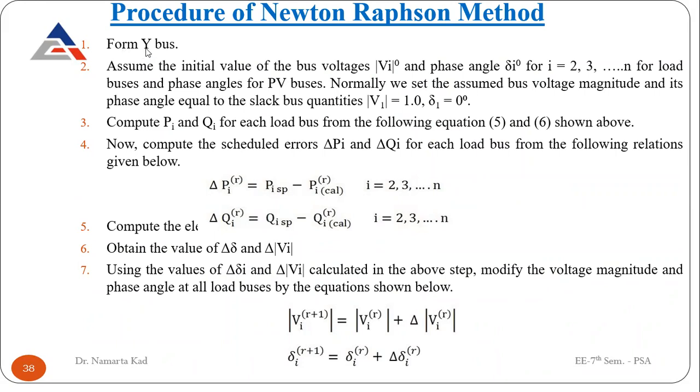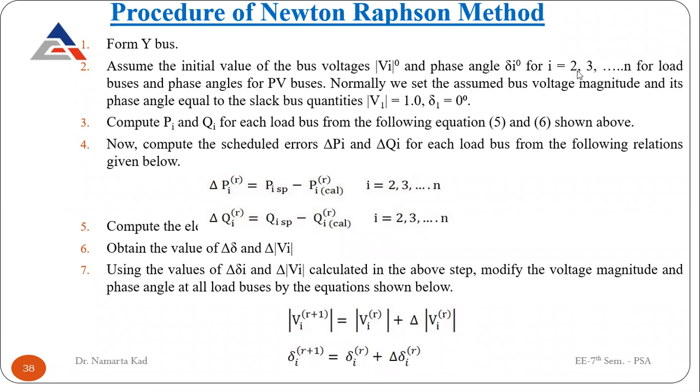Firstly, form the Y-bus. This is the first step for both Gauss-Seidel and Newton-Raphson. Number 2, assume the initial values of the bus voltage V_i^0 and phase angles delta_i for i equals 2, 3 up to n, as we have generally chosen bus number 1 as the slack bus.